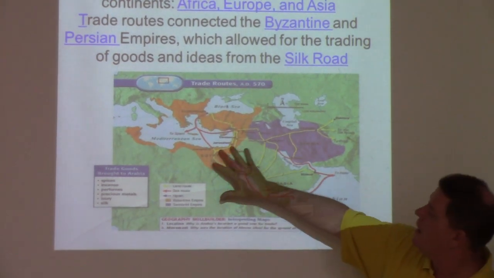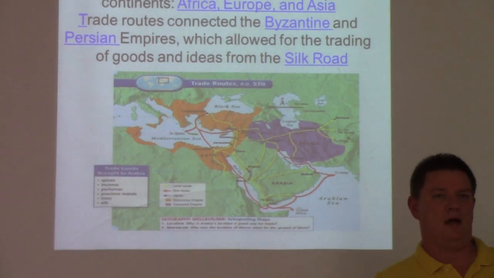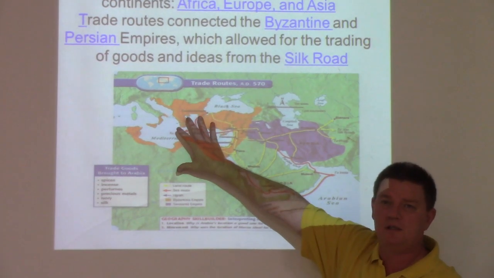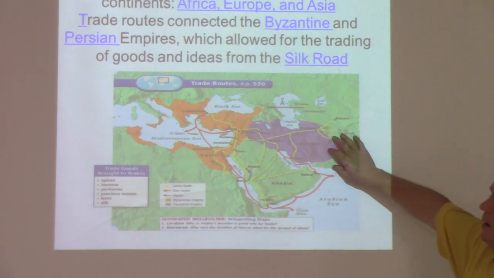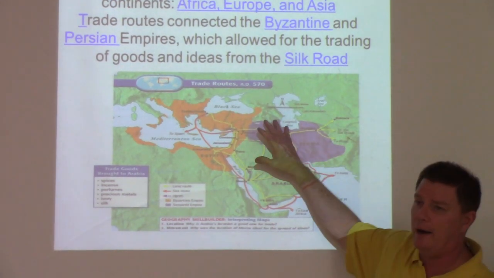And it's in this area that we've got two big empires had been in power for a long time. In the west, we've got the great Byzantine Empire that carried over from old Rome. And in Persia, modern-day Iran, we have the Sassanid Empire.